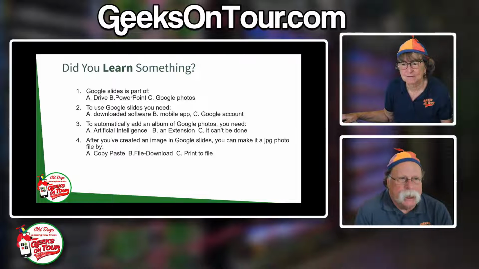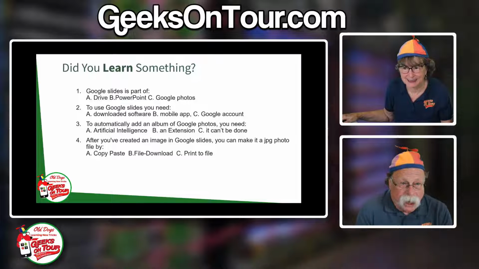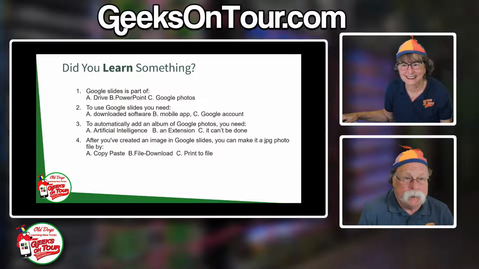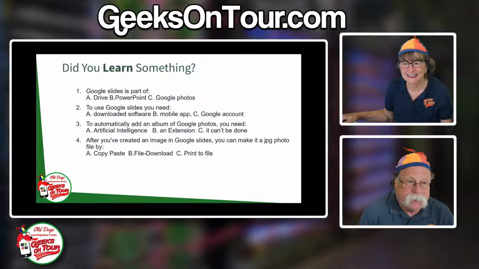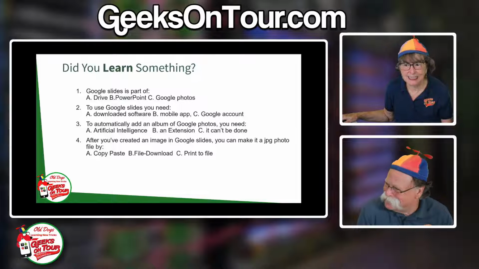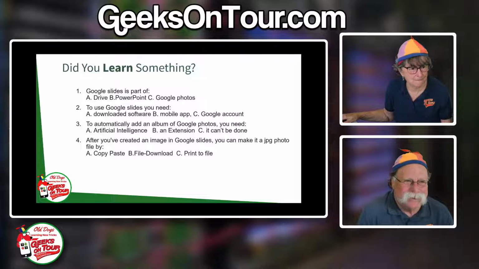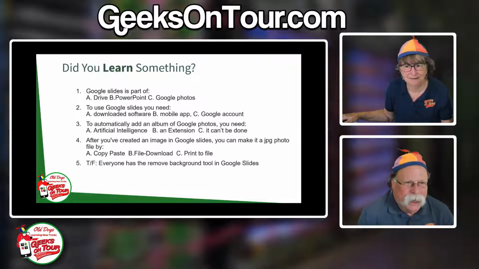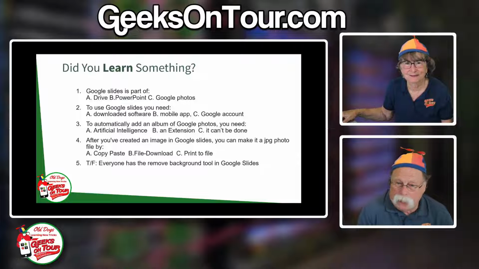After you've created an image in Google Slides, you can make it a JPEG photo file by A, copy-paste, B, file download, or C, print a file. B, file download.